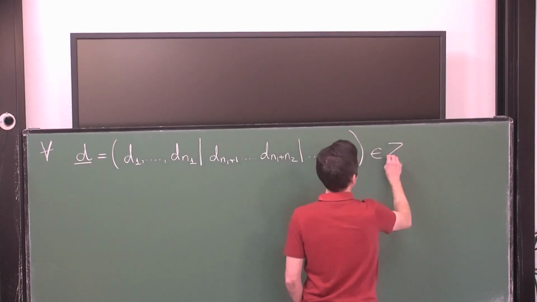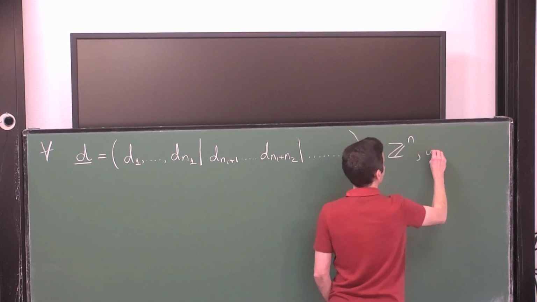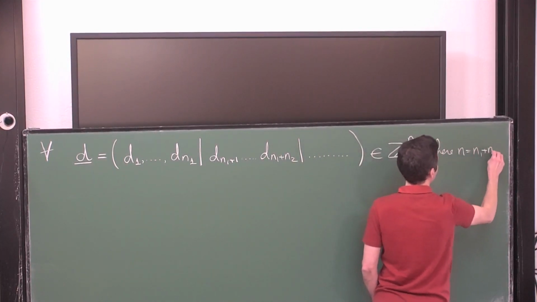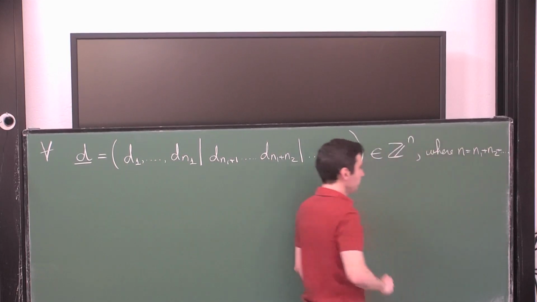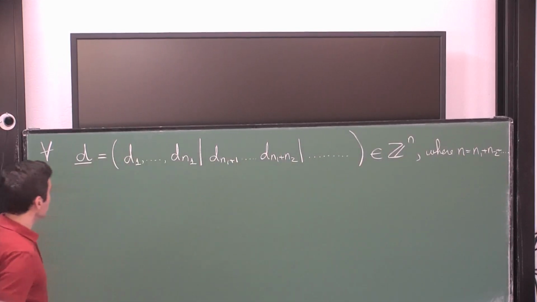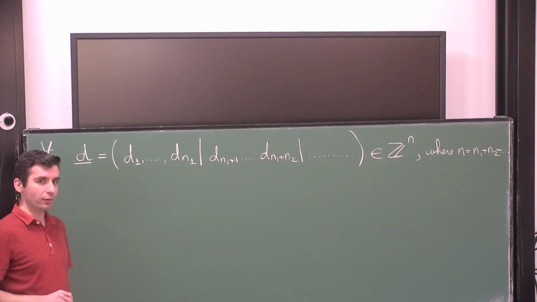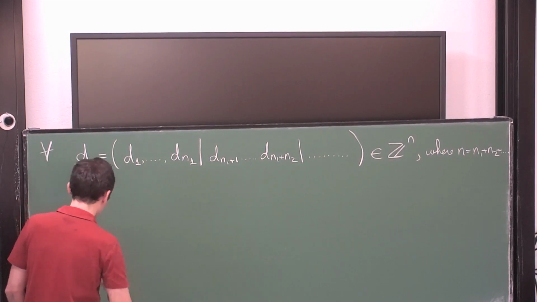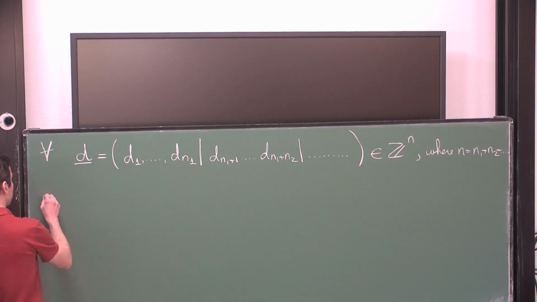So this is inside Z^n, where n is n1 plus n2 plus and so on. So already such an n tuple of integers, and this is really an n tuple of integers decorated with a composition of the number n. But I'm going to keep this implicit in the notation.